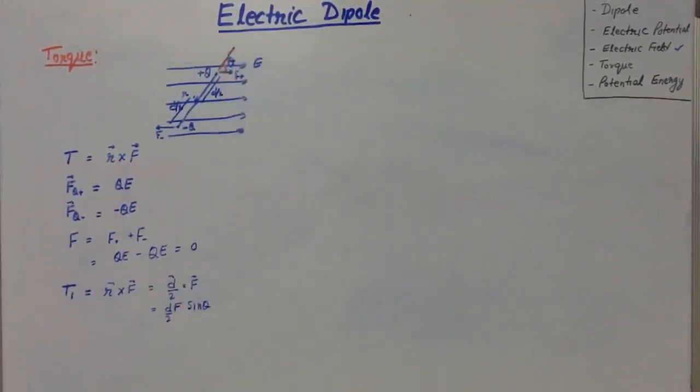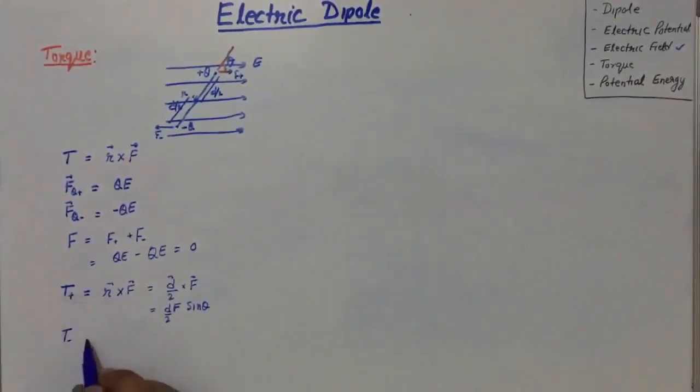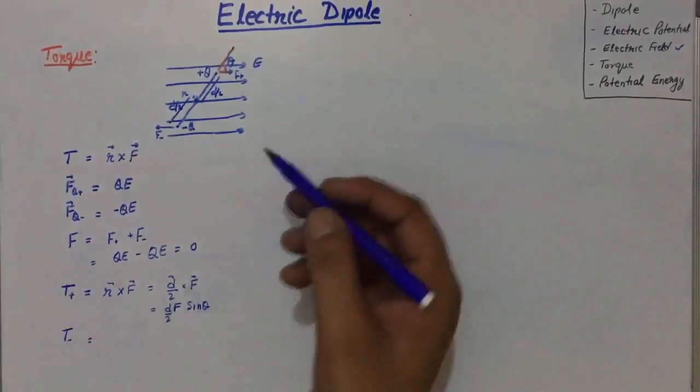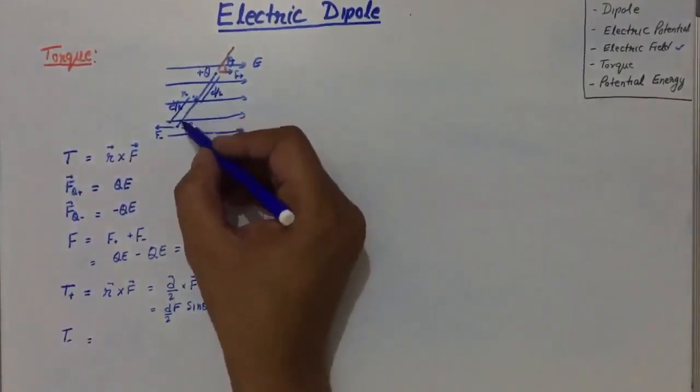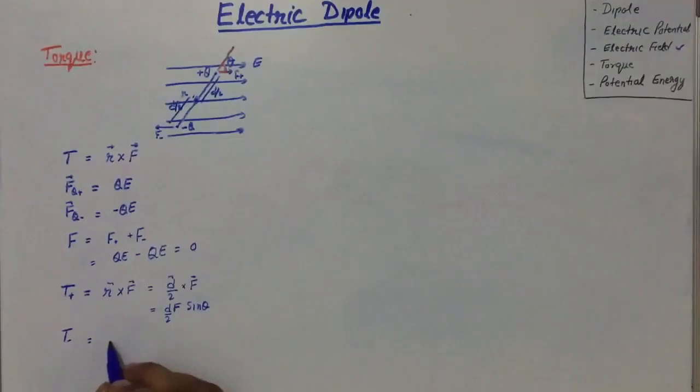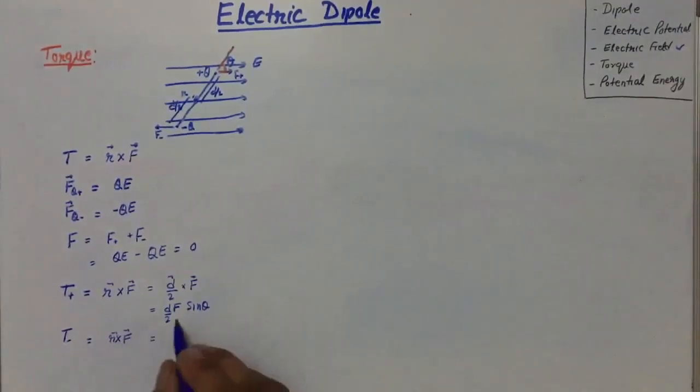Now the torque acting on the negative charge can be considered here, this is d by 2, R cross F again.